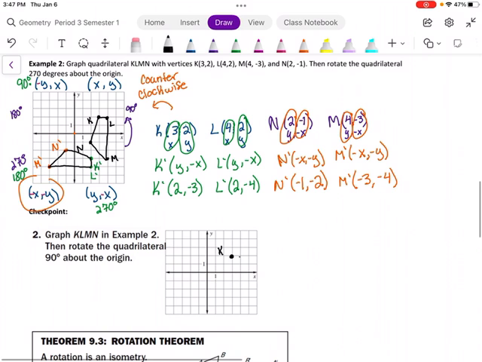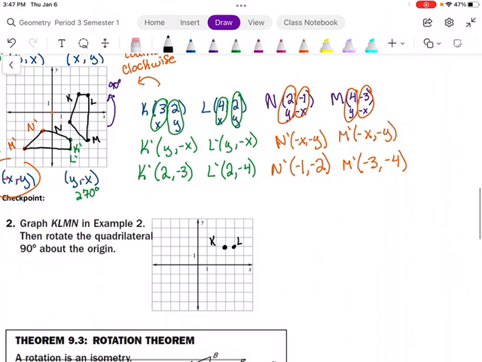L was at 4, 2. N was at 2, negative 1. And M was at 4, negative 3. So you can go ahead, connect those points. And this time we're going to rotate it 90 degrees about the origin.